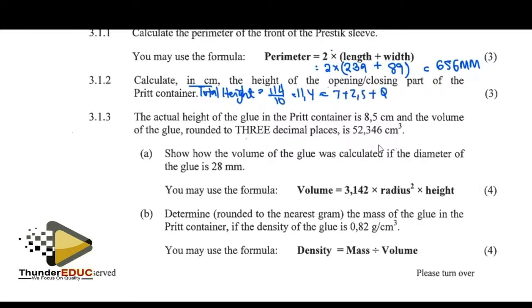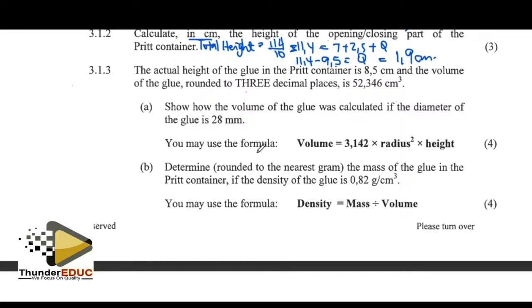When I add these two, I end up having 9,5. So I will say 11,4 minus 9,5 equals Q, equals, please take note of that, centimeters.